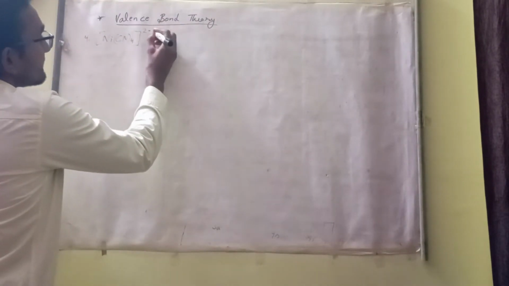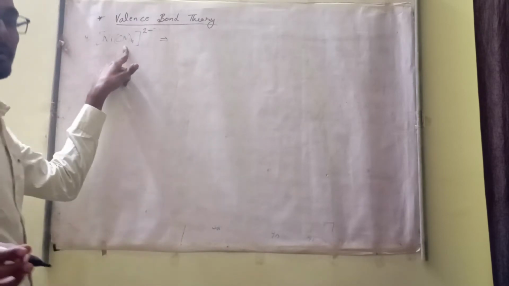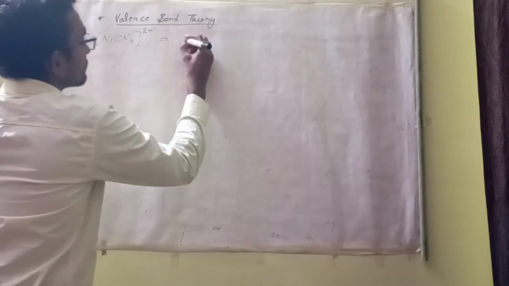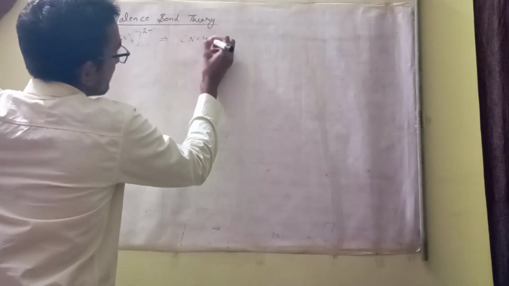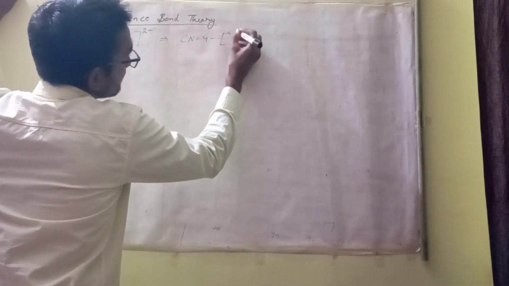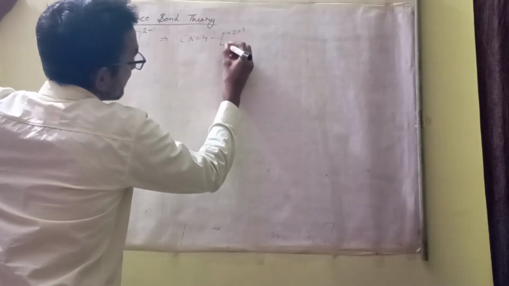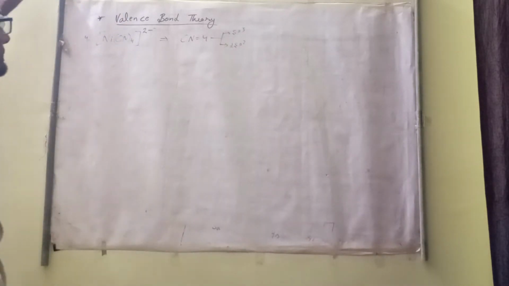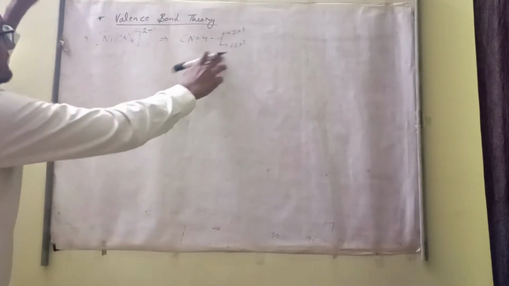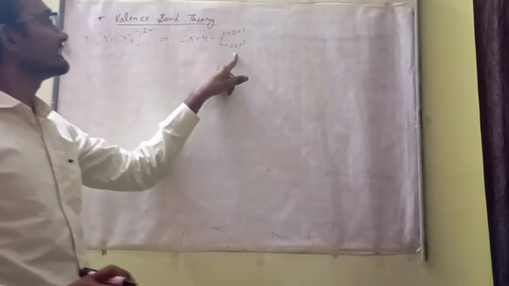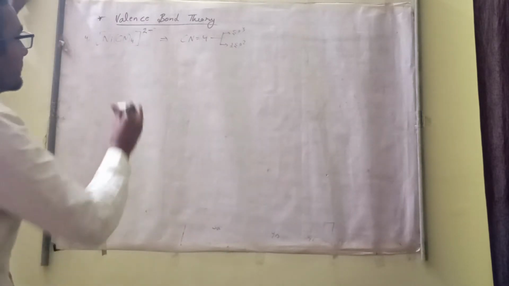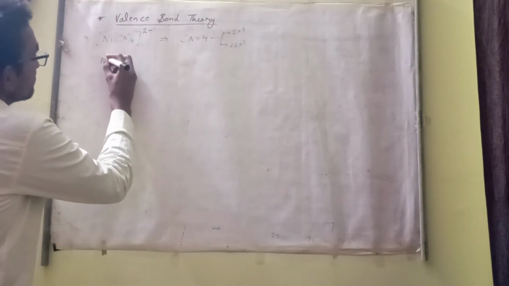Again we observe that CN- is a strong field ligand and the coordination number is 4, so it is either sp3 or dsp2. It is obvious that if it is a strong field ligand, then it is dsp2 hybridized, as we observed from the earlier example. So let us see how.